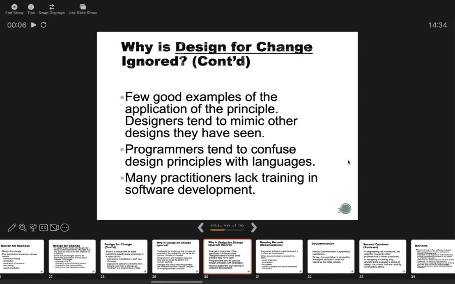Programmers actually tend to confuse design principles with the language. It's a very big issue. We confuse design patterns with the language. Though we say that we are using object-oriented programming, we are still creating objects but programming like procedural programs.